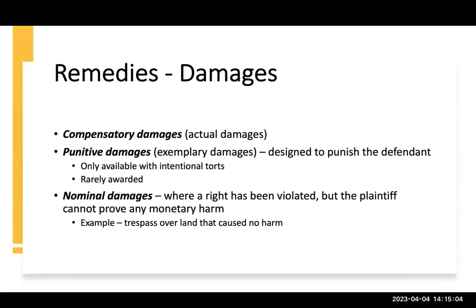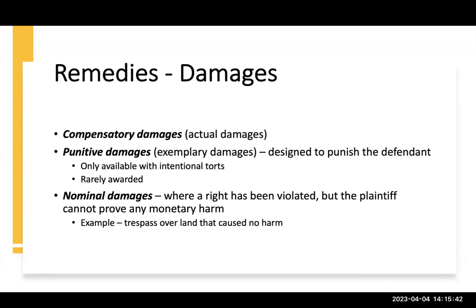Again, the goal of tort law is to compensate the plaintiff for the damages that they suffered, and those types of damages we call compensatory damages. They are damages that make a plaintiff whole, or attempt to make a plaintiff whole. So, for example, if someone is injured in an automobile accident, and as a result of that accident, they are unable to work, an element of compensatory damages is compensating them for their lost wages.